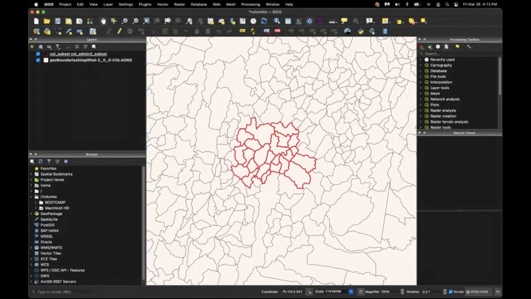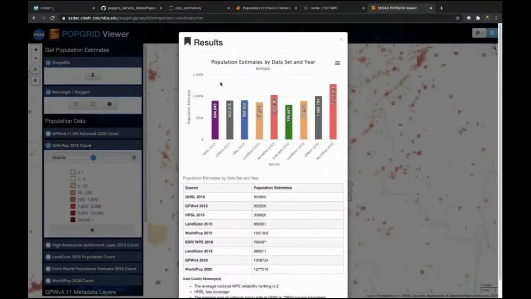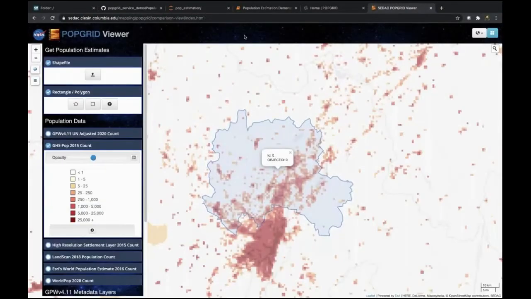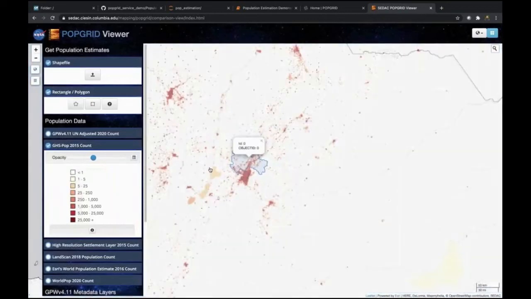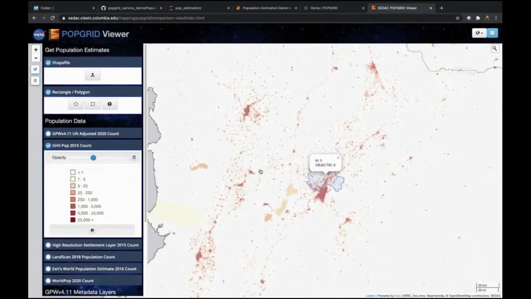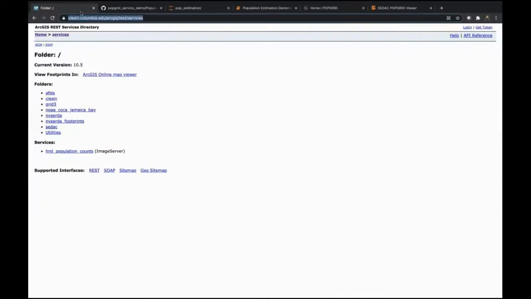I'll show that. And then the next thing I wanted to show you is the ability to look at the map services that are behind this directly in QGIS. So here we're looking at the map services. This is the GHS POP for this portion of Colombia. And this is coming off an ArcGIS server instance.